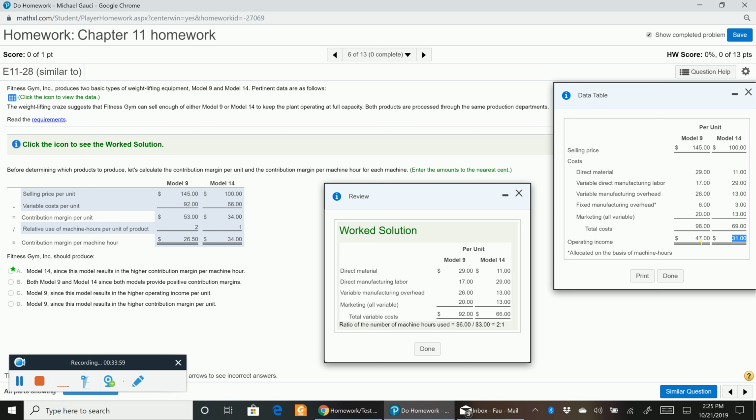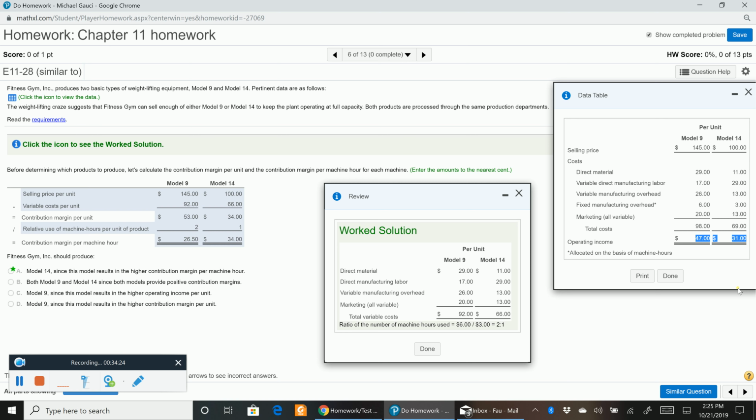Looking at just this bottom line, if I'm getting $47 operating income to sell one Model 9, $31 contribution margin or operating income to make one Model 14, all other things being equal, you say, heck, I want to make a Model 9, make as much as I can, but slow down.